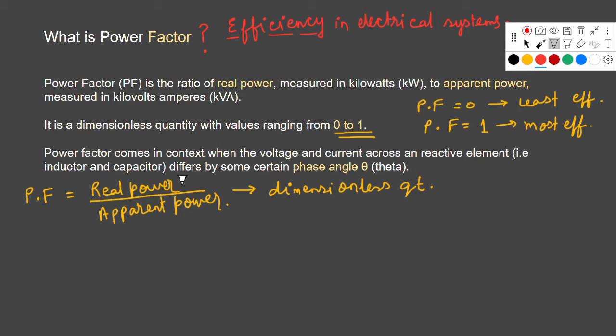I have told you that it is the ratio of real power and apparent power. There is one more kind of power in AC systems, that is reactive power. Clear?